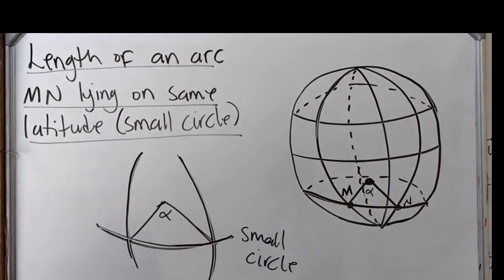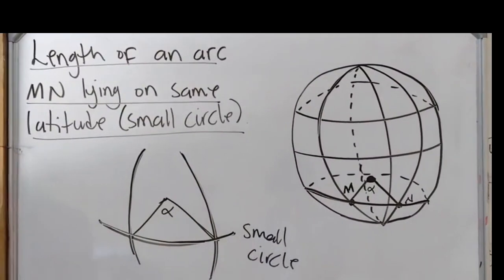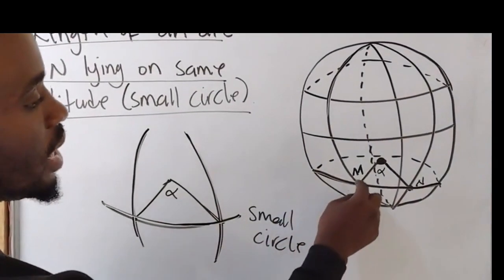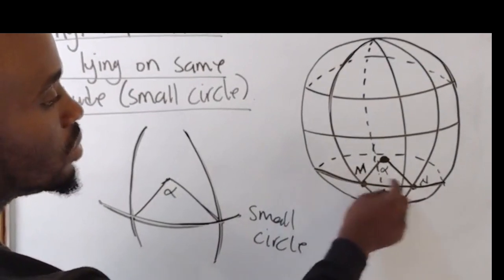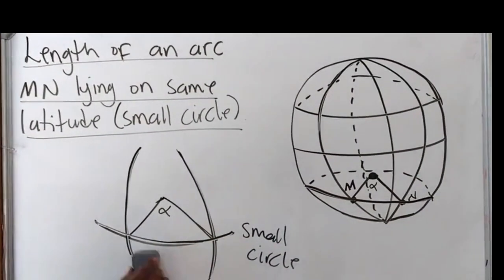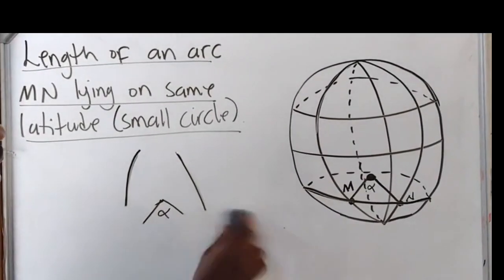So now what formula can we use if we want to find the distance or the length of an arc from M to N? Very important. So let's write the formula that we can apply.